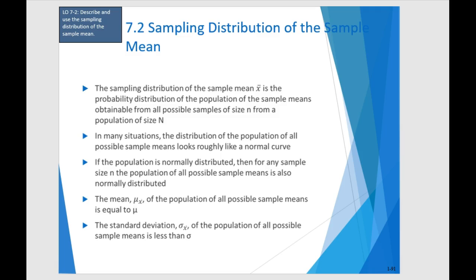That's important. If the population is normally distributed, then for any sample size n, the population of all sample means is also normally distributed. The mean mu of x bar of the population of all sample means is equal to mu. The standard deviation sigma of x bar of the population of all sample means is less than sigma.